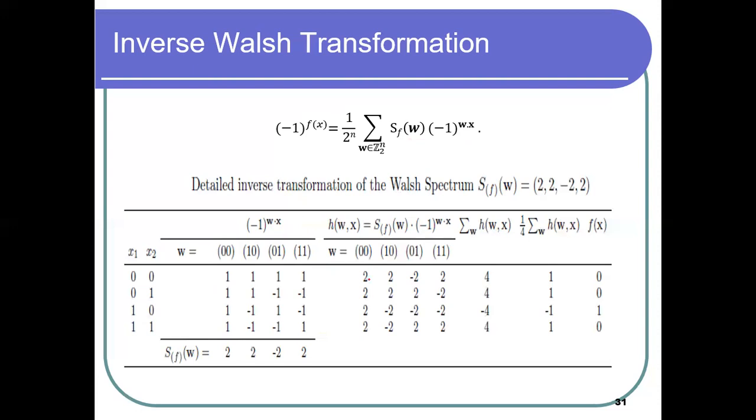So I have to multiply this with 2, 2, 2, then this with this one, row wise, with every element. So what does it mean? Each and every element is multiplied by its corresponding spectrum value. This whole column is multiplied with 2, this whole column is multiplied with minus 2, this whole column is multiplied with 2, and this whole is multiplied with 2.